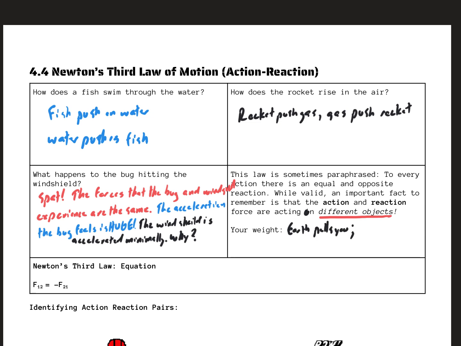If we use the same format that fish push on water, water push on fish, if earth pulls you, then you actually pull the earth. Interesting. So one of the main takeaways is that the weight is not an action-reaction pair.